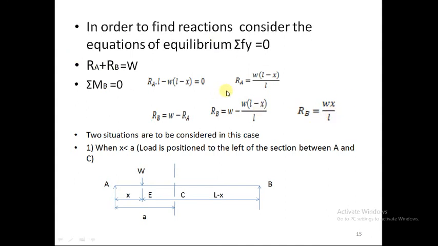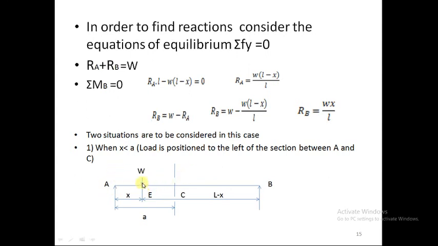Now we are going to have two situations. When the position of the load, at a distance X from A, is less than the section line distance from the support A, the load is positioned within the portion AC.